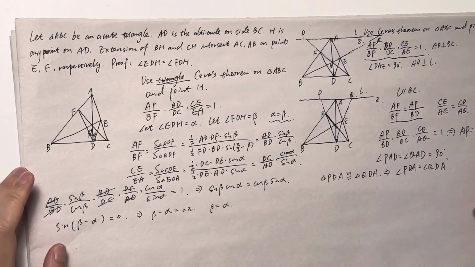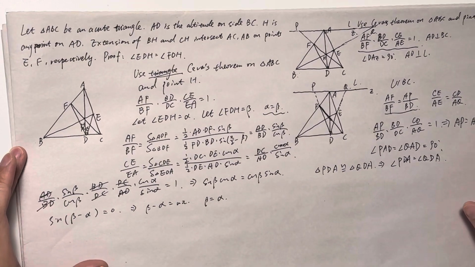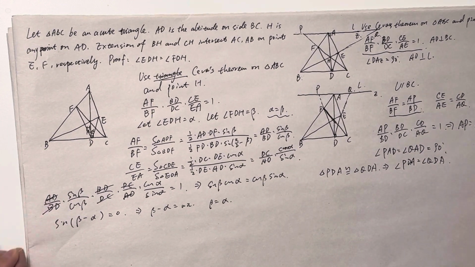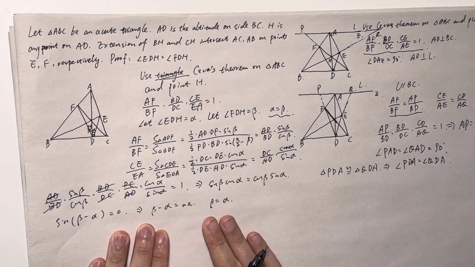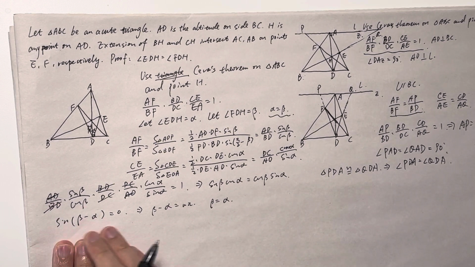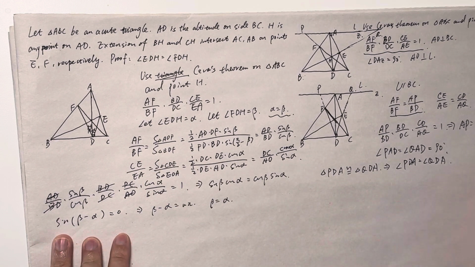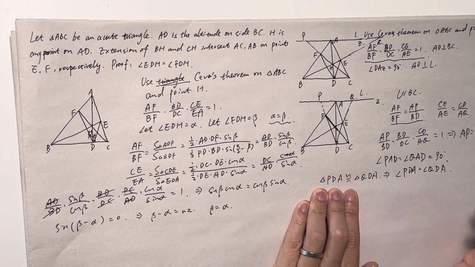So this problem is not a difficult one, but it has several variants that can lead to a very hard one. But the idea behind these is the same, that we can use Ceva's theorem. We either find the area ratio and transfer it to a sine angle to sine angle ratio, or we transfer it to some congruent triangles, right?